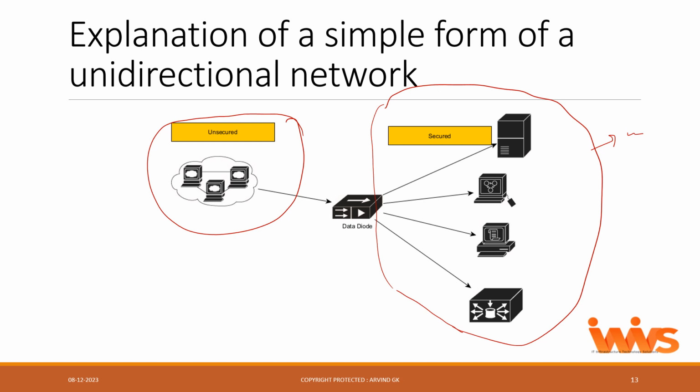This is the outside world, where the data comes from. When data comes from outside, it comes to the data diode and then here for processing. Imagine you have one factory here, with a lot of automation going on, IoTs and other things. You have a data diode here, and you can connect. This can send the data here.